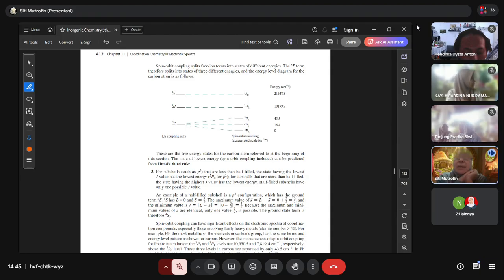I think I already explained to you. The spin multiplicity is represented by the capital S. If you already wrote down the formula that I gave in the previous slide, you will understand the S is equal to 2 times S plus 1. Kayla, turn on the microphone.